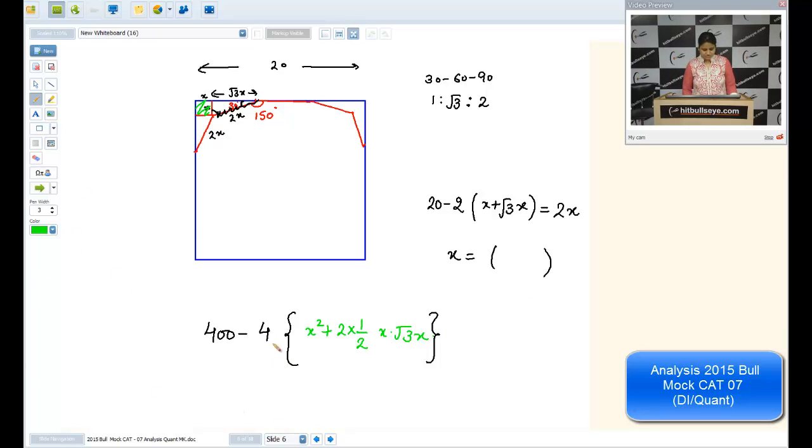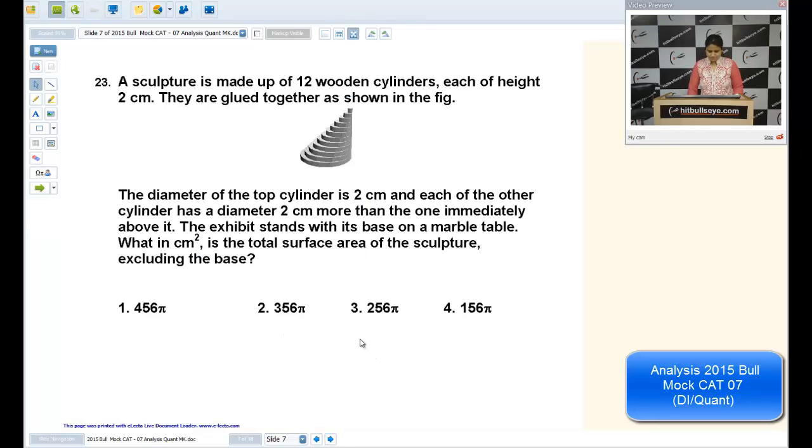Okay, now, is it okay with you, all of you? It was avoidable, of course, calculative. Now the next thing, easy one, seems difficult. Any problem in this?